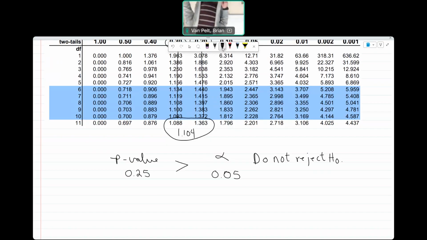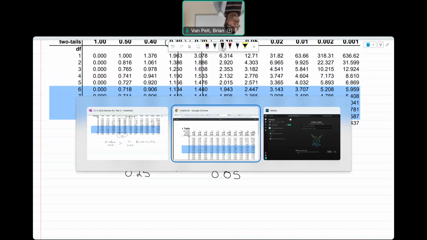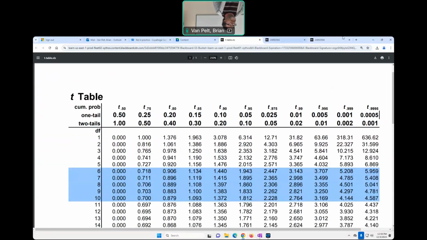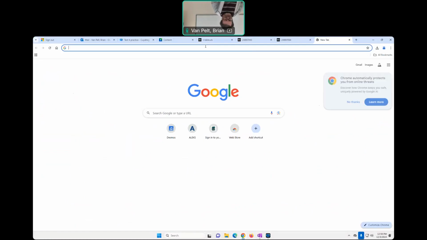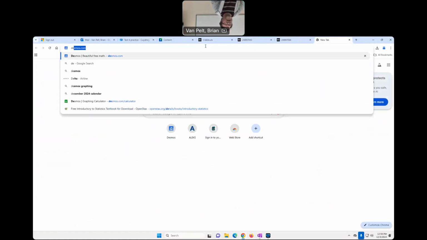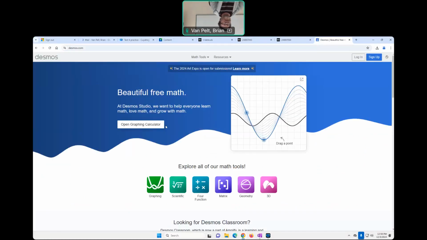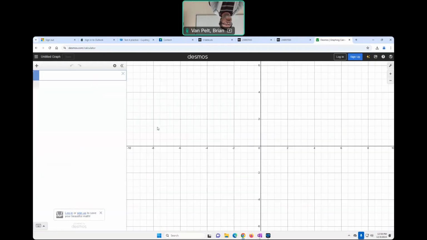Okay. Let me show you something here. Not that it's important to this class, but I do want you to see something very useful. You guys, of course, remember Desmos, right? Check this out.